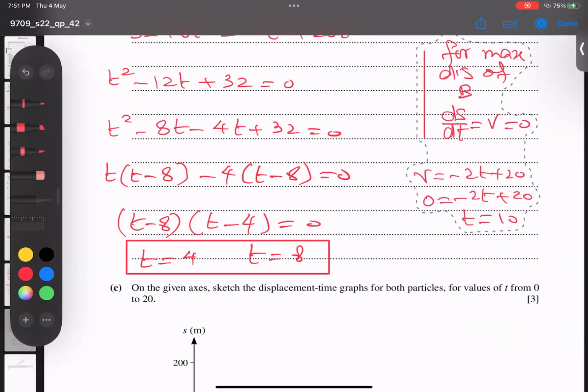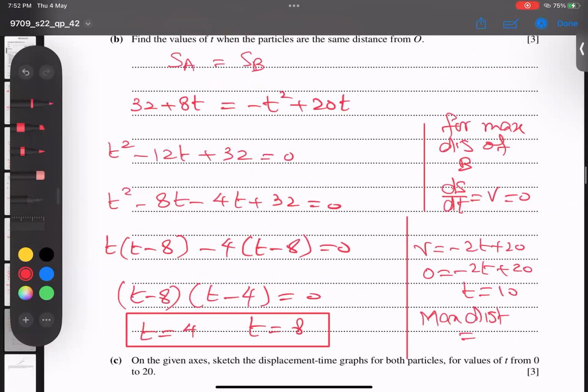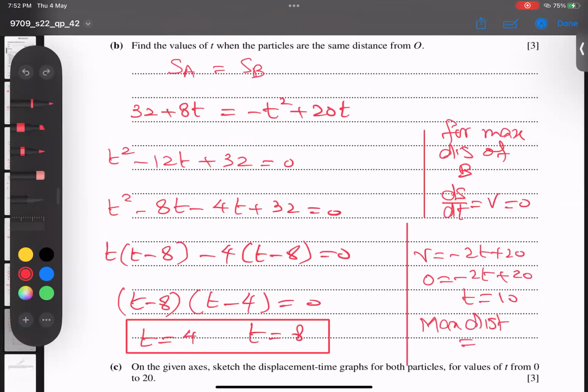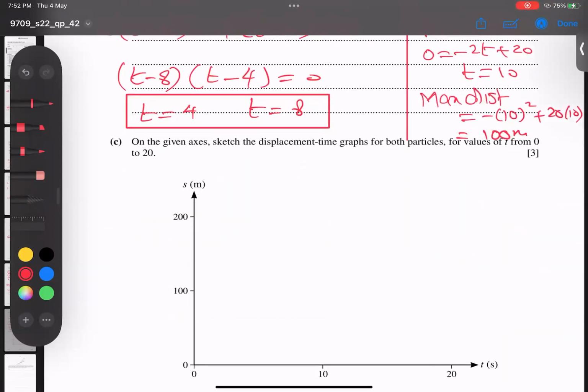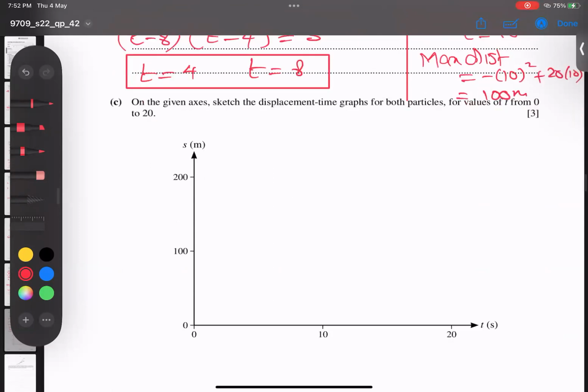For the maximum distance, I will plug in this 10 where d is. So it becomes negative 10 squared plus 20 times 10. It's giving me 100 meters. It means one part is very clear: we got it here, very clear, at 100.